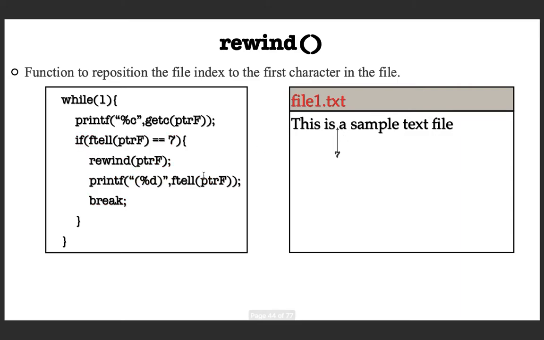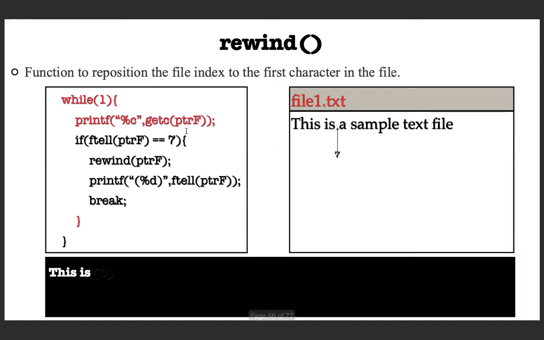We can try simulating the execution. So in an infinite loop, you will execute this printf until you reach 7. So 7 times it will be executed, and until this point everything is getting printed using the printf.